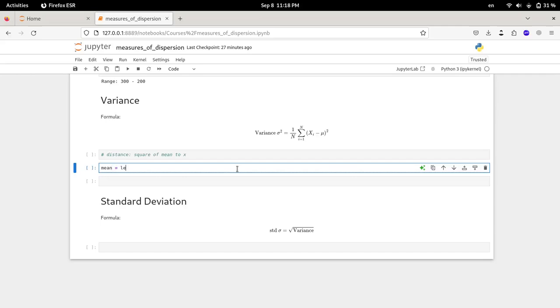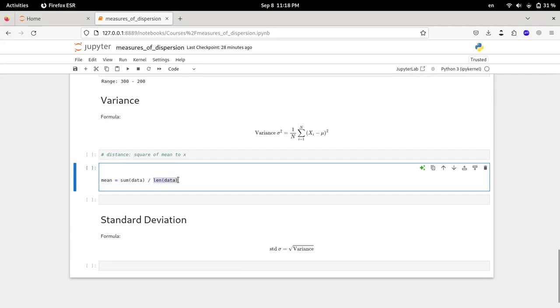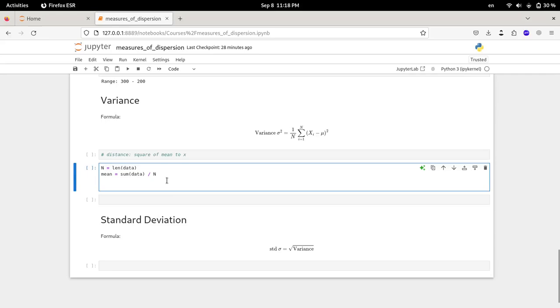We know how to calculate the mean, that is the sum of data divided by the length of data. We can save the length of data inside n. Okay, so we get our mean.